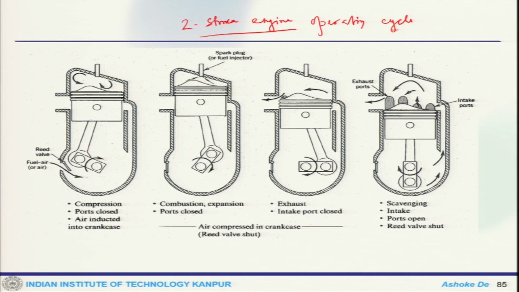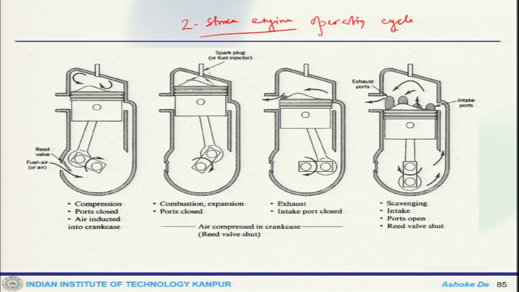It starts by closing the inlet, and the exhaust port opens. Then the compression of the cylinder contents draws fresh charge into the crankcase as the piston approaches towards the top center, okay. And the combustion is also initiated by the spark plug.